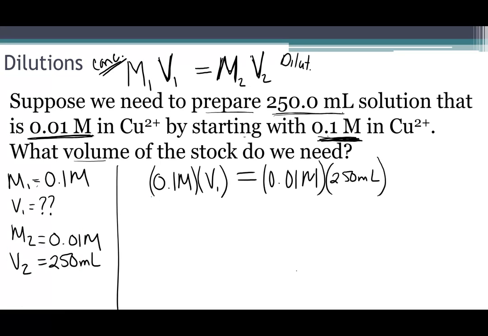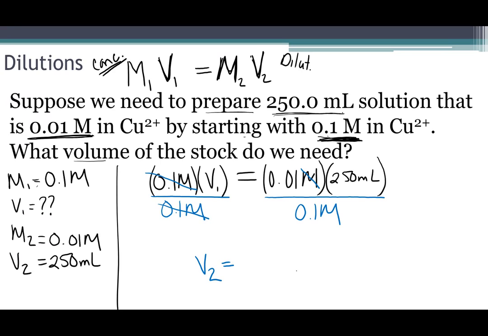So to get V1 by itself, I'm going to divide by 0.1 molar. On top, on bottom, that cancels. Whatever I do to the left side, I also have to do to the right side. So we're left with V1 equals 0.01 molar times V2, over 0.1 molar. Let's real quick follow our units before we pick up our calculators.